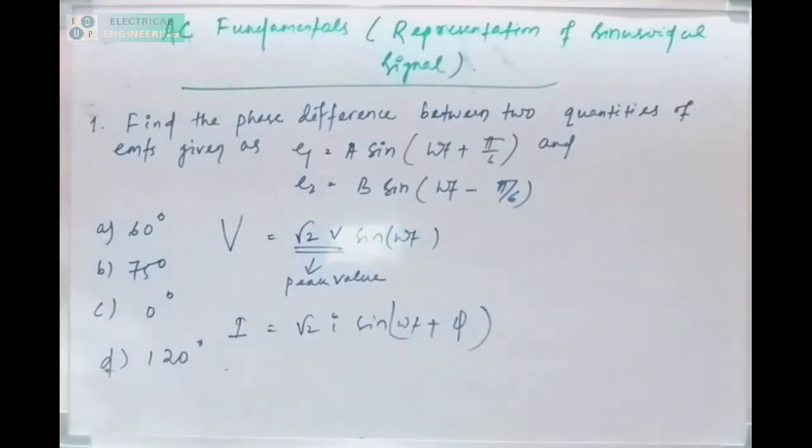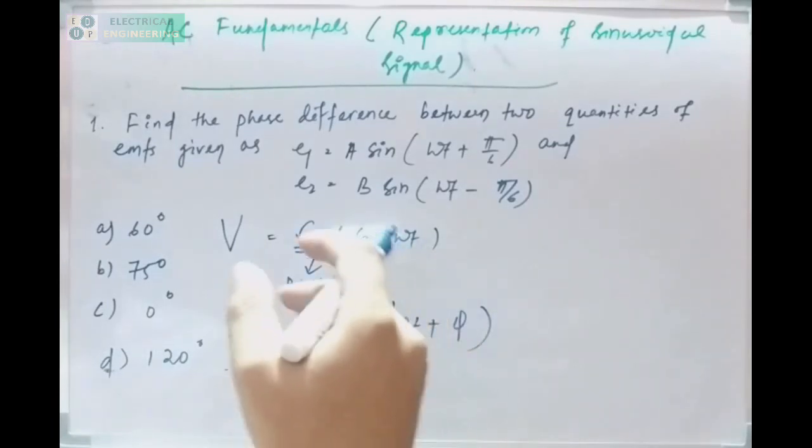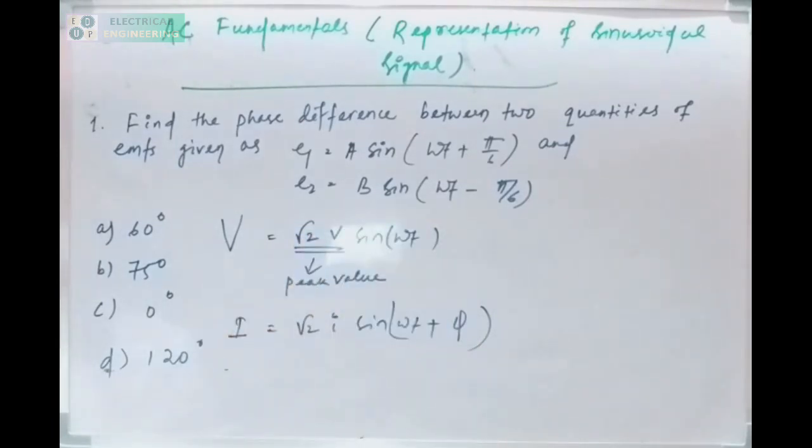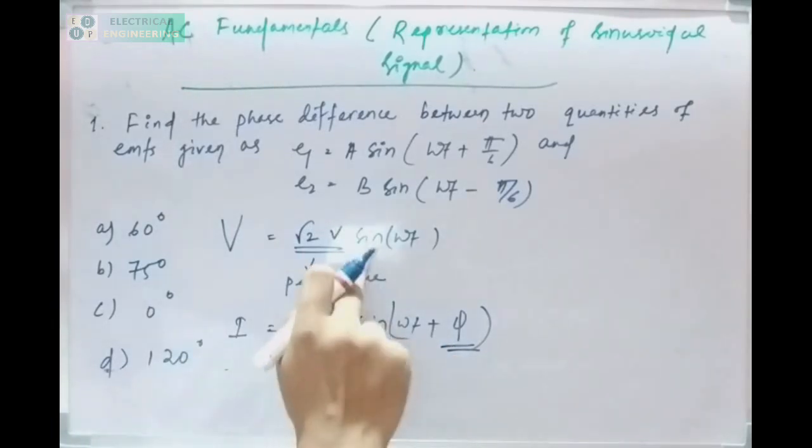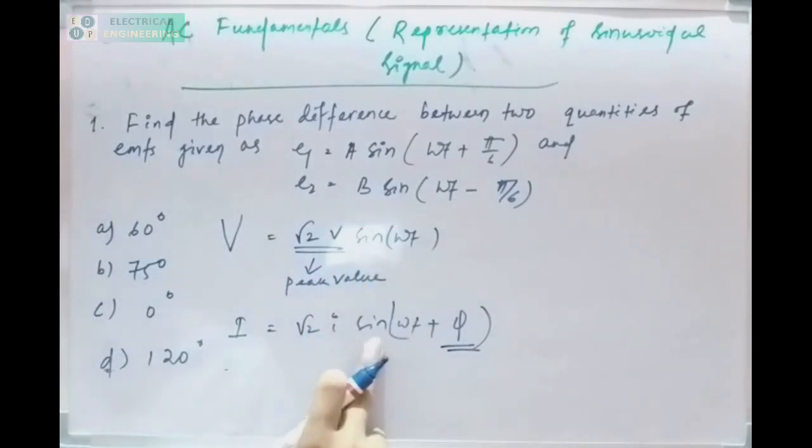So here, if there are some other elements like an inductor or capacitor, there will be a phase difference that is represented as phi. You can see it is also sin omega t, it is also sine, but with a phase difference of phi.